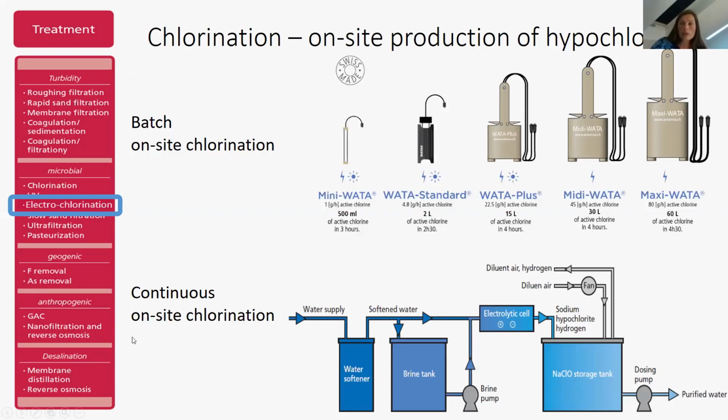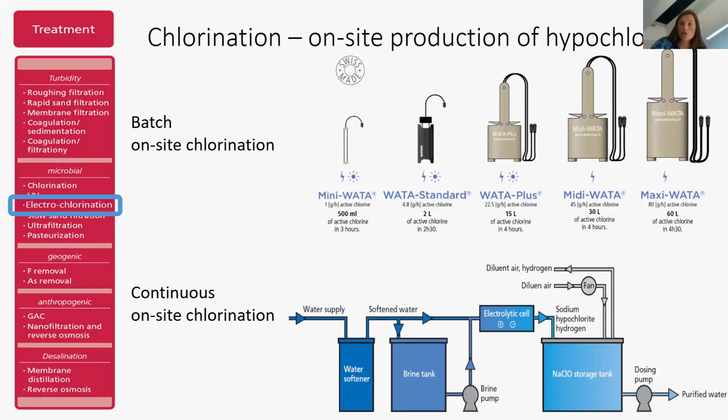There are also continuous on-site chlorination systems, which are a little bit more complex, but they're designed to replace chlorine gas systems, especially in conditions where there is a high risk that the chlorine gas system cannot be used further on, for example, in conflict conditions, because there is a risk of bombing of the chlorine gas storage or chlorine gas being stolen for other needs or for other uses, for example, as a chemical weapon or so on.